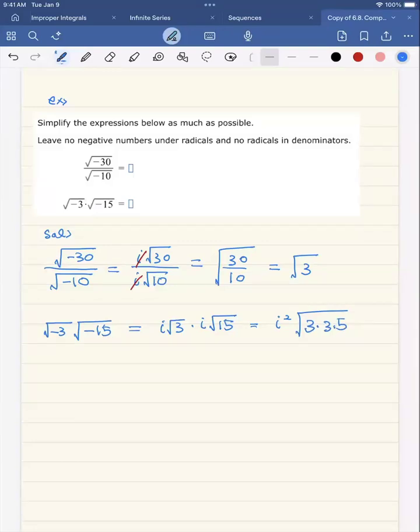I wrote all of those factors under the same radical sign because both are positive. 3 appears twice, so we can take that out in front of the square root. So this is 3. What is i squared? i squared is minus 1. So we write minus here and times square root of 5.